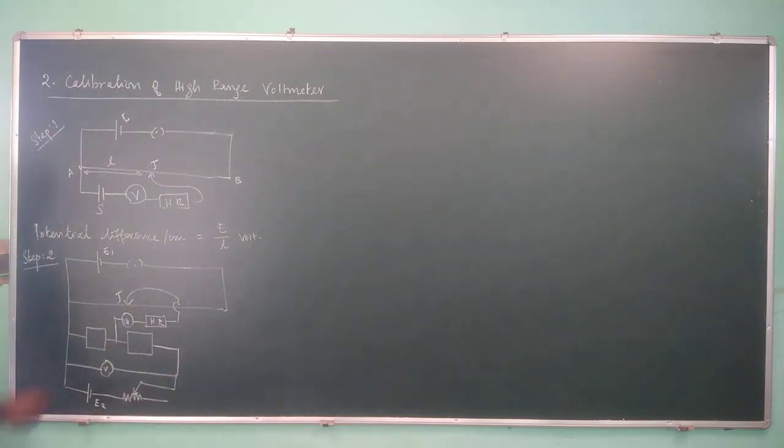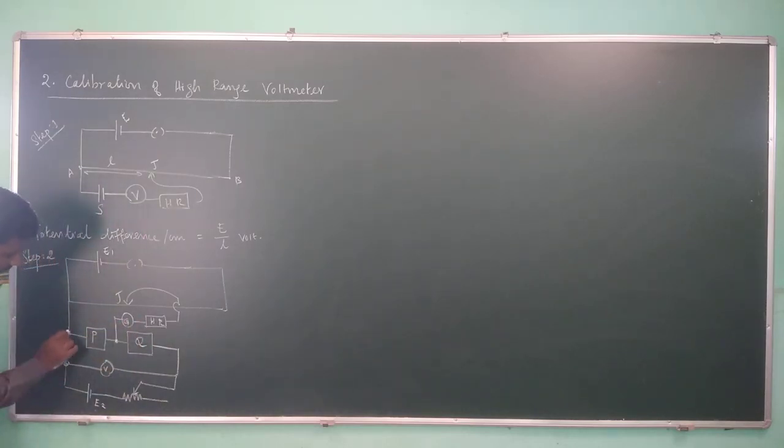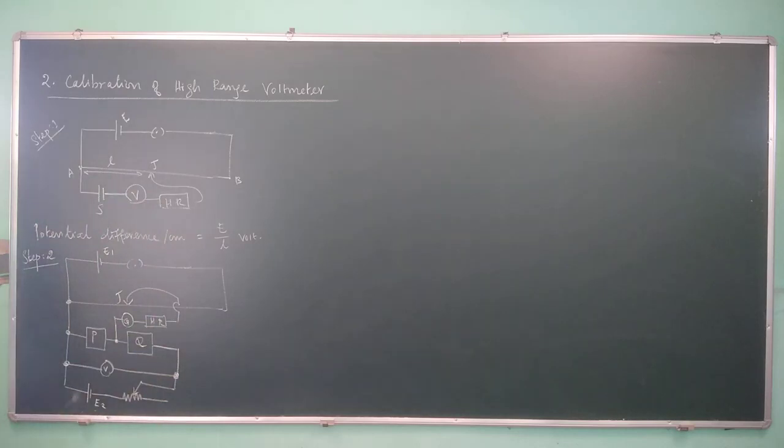Okay, and this is P and this is Q, right? These are the junctions. Wherever we put a dot, those are the junctions. So this is the circuit diagram for the second part.